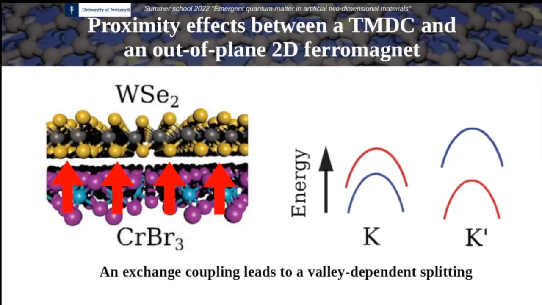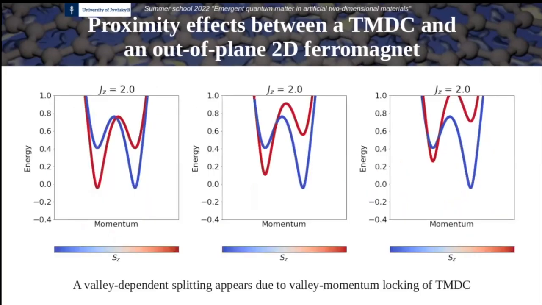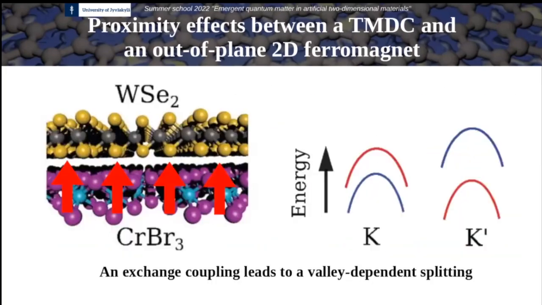So what actually happens is that the magnetization of this chromium tribromide modifies the electronic structure of the tungsten diselenide, coming from the van der Waals coupling that you have. In particular, there's a spin splitting in one valley with respect to the other that is directly driven by the exchange coupling.